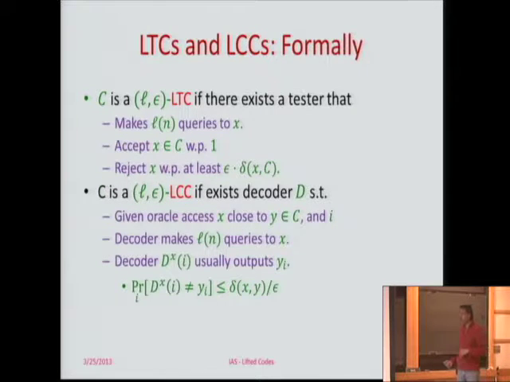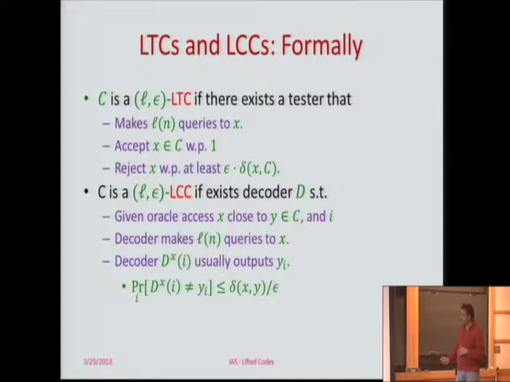Now the corresponding concept for a correctable code would be, again, you make L queries. You are given access to some vector x, but it is not a code word anymore, it is something that is close to some code word, and we do not know what that nearby code word is. That is what we would like to find, and your decoder, or your corrector, should be able to find it. Sorry, I am calling it a decoder, should have probably called it corrector.